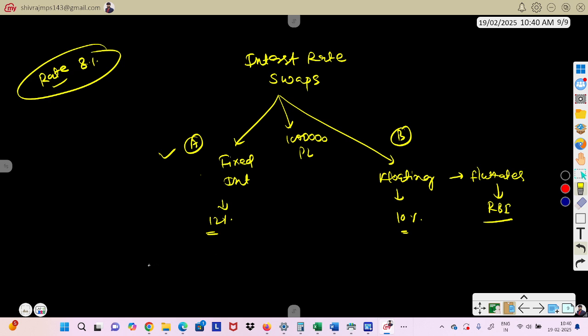How? Let's say your annual liability of interest, as per this calculation on 10 lakh, is 1 lakh 20,000, right? Net interest to pay to the bank. And in the case of this guy, the net liability is 1 lakh.